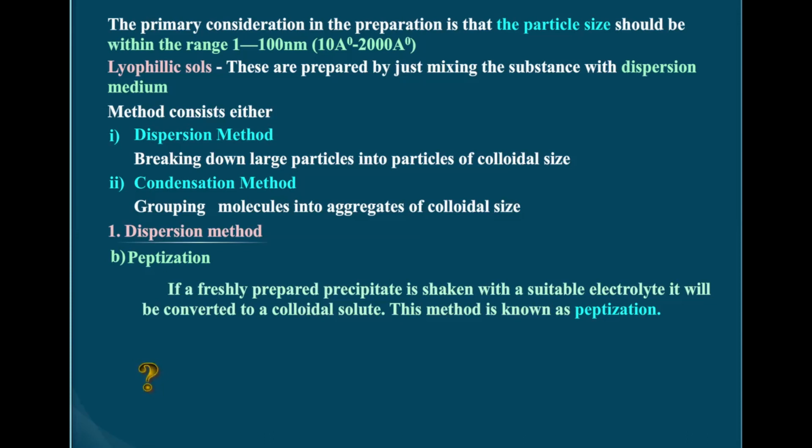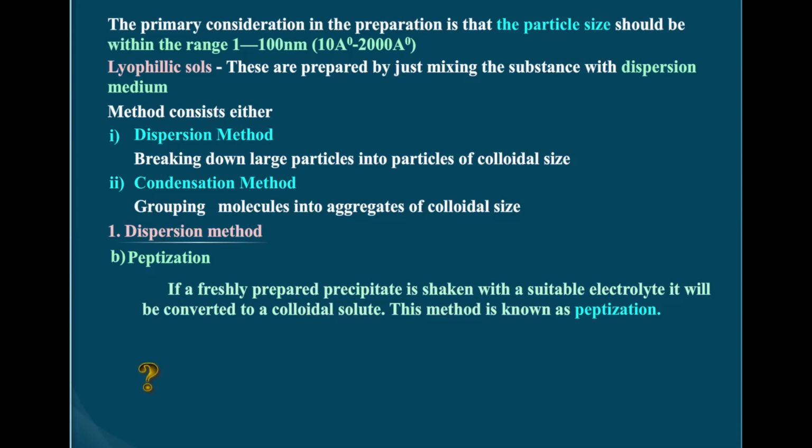For example, if you precipitate ferric hydroxide and want to convert it into a colloidal sol, ferric hydroxide has to be placed in a proper dispersion medium, and to it you have to add a peptizing agent or electrolyte. The electrolyte added is called the peptizing agent. For example, the peptizing agent added is FeCl3. The condition is that one of the ions should be the same.